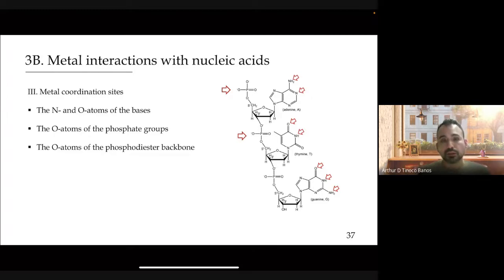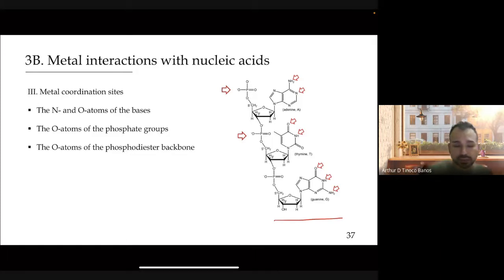All right, so now looking more closely, going back to the simplified perspective of the sequence of nucleotides. What I'm highlighting here are points of contact that can form bonds with metals.